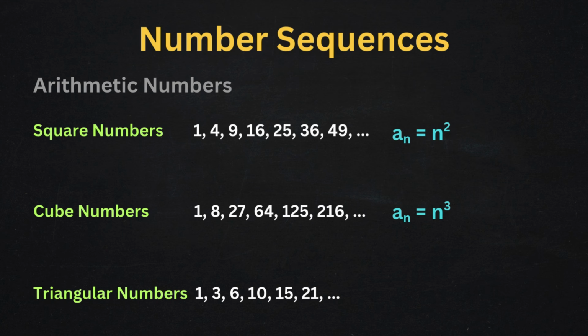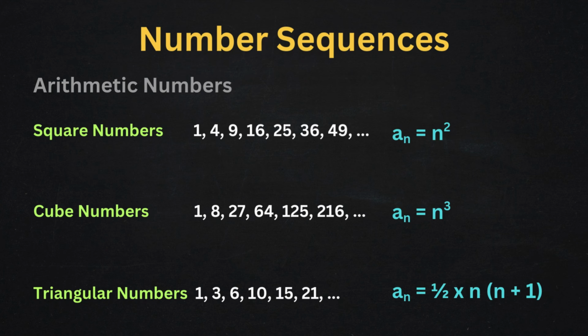Coming to triangular numbers, remember this formula: 1 divided by 2 multiplied by n, multiplied by n plus 1. That's your triangular number formula. So whenever you see a sequence like 1, 3, 6, 10, you'll know its nth term is 1 divided by 2 multiplied by n, multiplied by n plus 1.